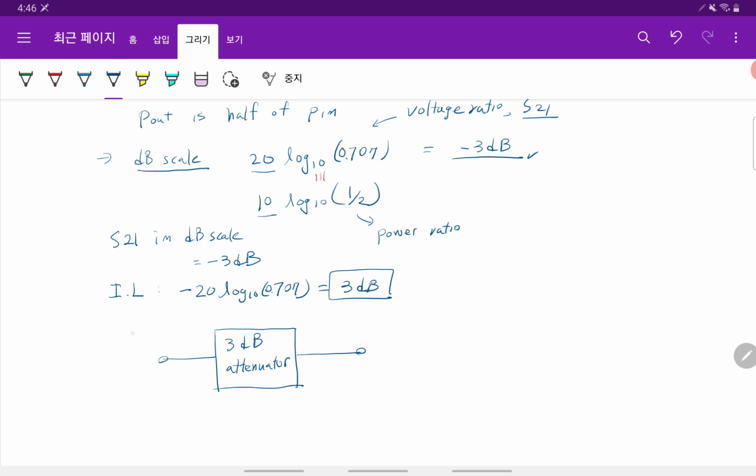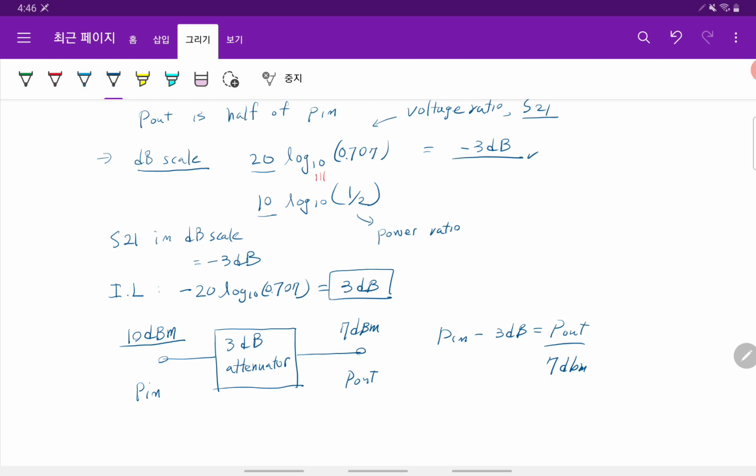So if we put a 10 dBm signal as P in, what you can expect is 7 dBm P out, right? P in minus 3 dB is P out. That's why 7 dBm.